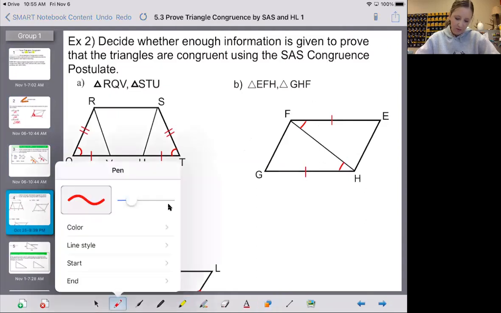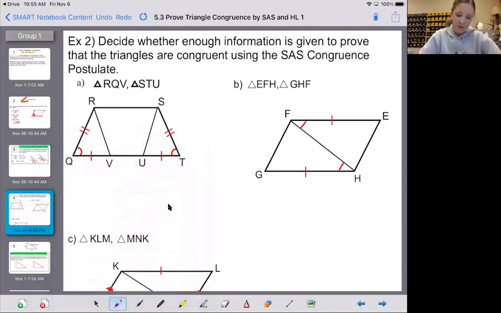All right, so on the first one, they are asking us, is triangle RQV congruent to triangle STU? Now remember, the order of the letters is important. So as we're checking these, we want to make sure that they're following the right order. So specifically, you can even check the angle. That's probably the easiest thing.